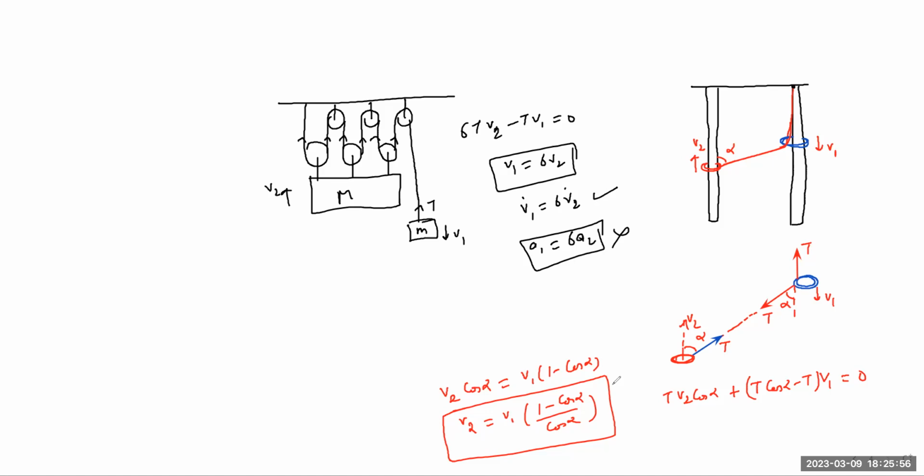Can you solve by the idea that the length of the string is constant? Is this concept clear? This part is clear to all of you? Yes or no? Tell me. Yes, sir.